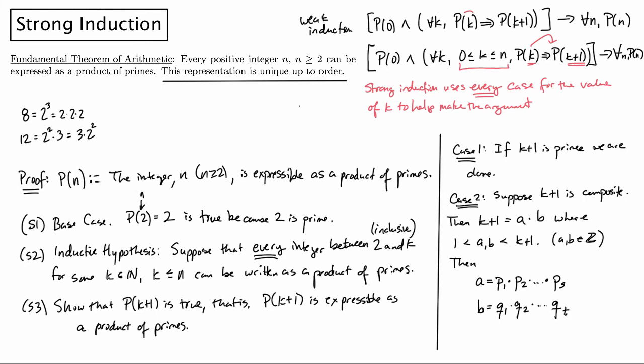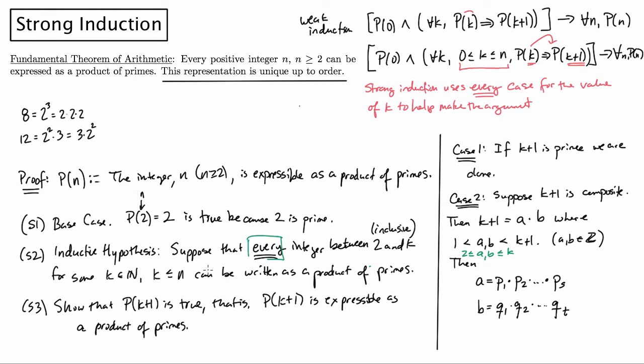Now, the question is, why can I write that? Well, since a and b are both less than k+1, then a and b are less than or equal to k, and I know by my inductive hypothesis that every integer that's between 2 and k, which clearly a and b are, can be written as a product of primes by our strong inductive hypothesis.